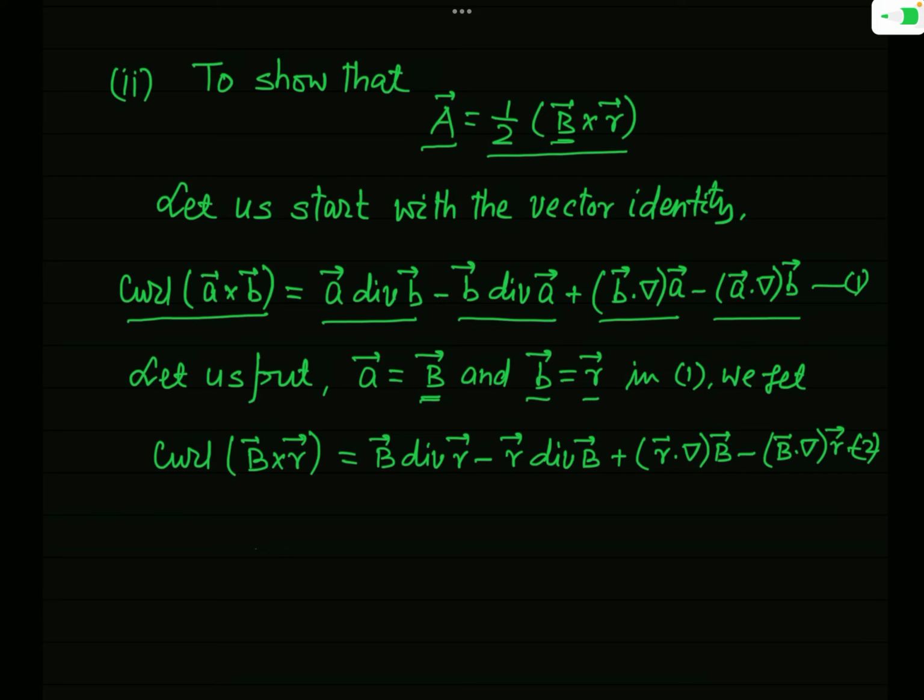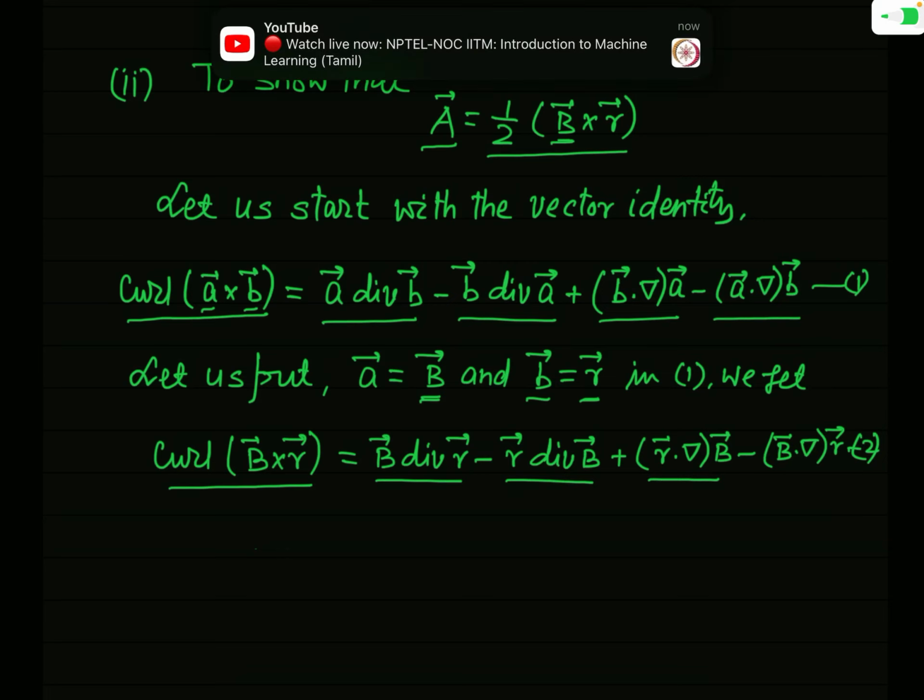It means you have to write B instead of this A, B meaning magnetic field vector B, capital B. And instead of the other vector B, we write the position vector R. So after this substitution, this equation 1 will be simply curl of B cross R equal to A divergence of B, but instead of A, we now write B. So this will be B divergence of R minus R divergence of B plus R dot del B minus B dot del R. Okay.